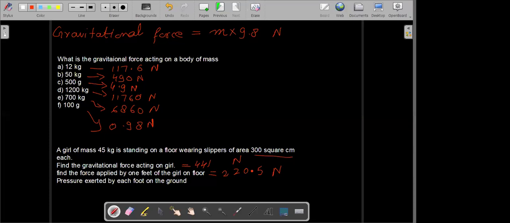So you need to convert square centimeter into square meter. Gagana, can you convert 300 square centimeter into square meter? Sir, 0.03.